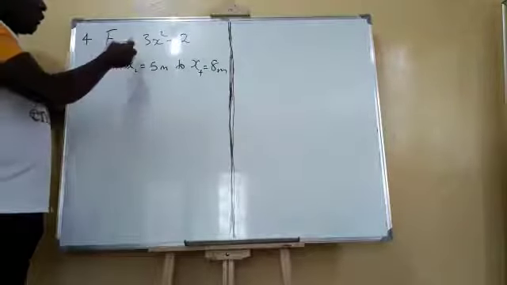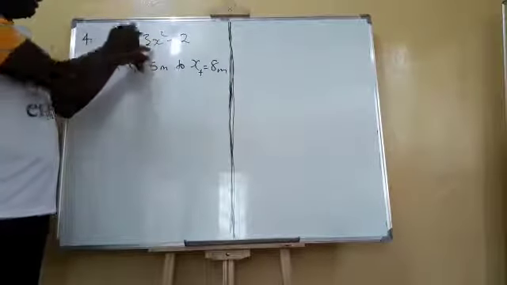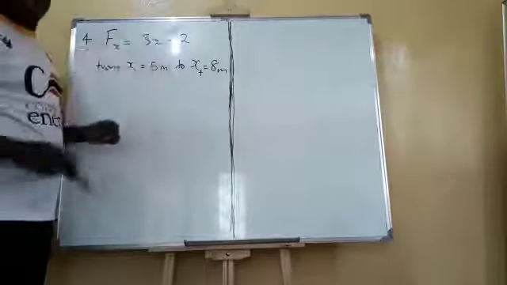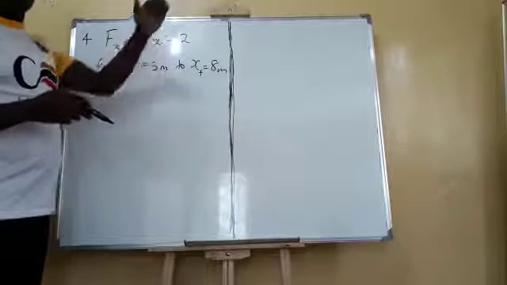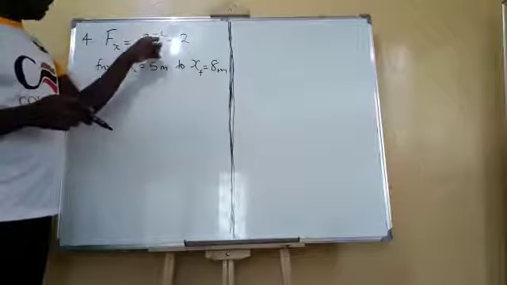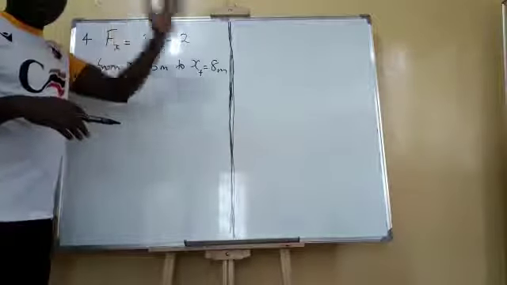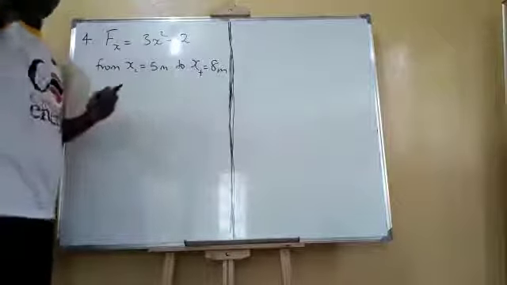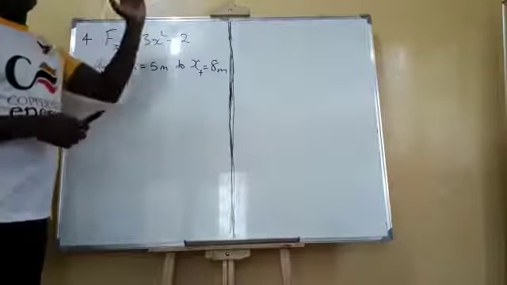For instance, if the particle is at the origin, we replace x by 0, we are going to have negative 2 Newton force. When the particle is at a position x is equal to 1, it will be 1 Newton. So you see that at every point, the force is changing as the object is being displaced from one point to another point. So this is a variable force.